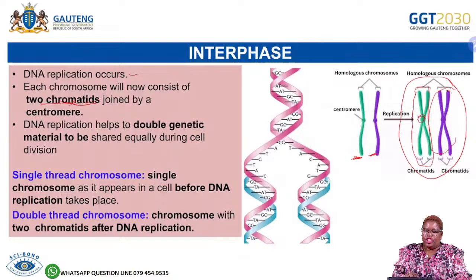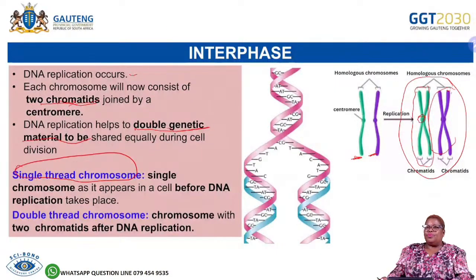Then DNA replication helps to double genetic material so that it is shared equally during the division. We talk about a single thread chromosome as it appears in a cell before DNA replication takes place. What is a single thread chromosome?